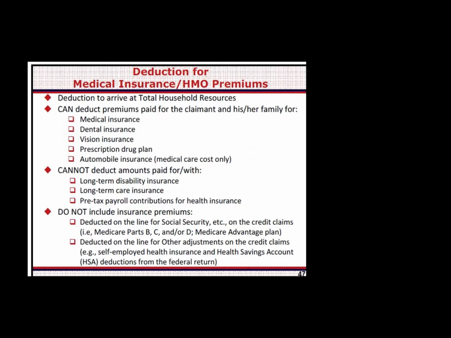But do not include long-term disability insurance, long-term care insurance, or pre-tax payroll contributions for health insurance. And again, the point on don't count the Medicare insurance that's deducted in the SSA-1099, that's netted already by the software in the Social Security entered in THR. It's netted out.